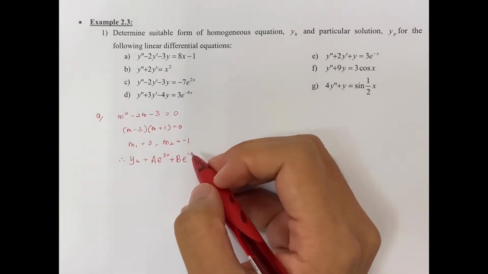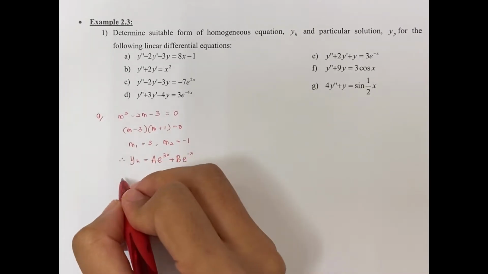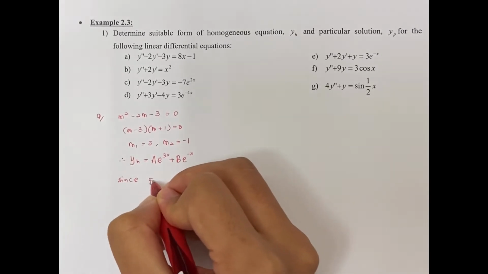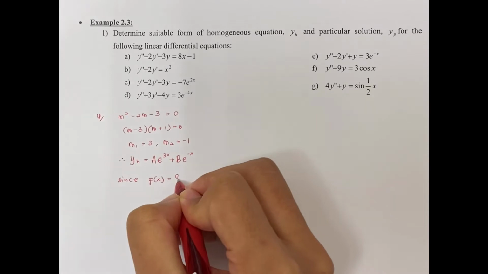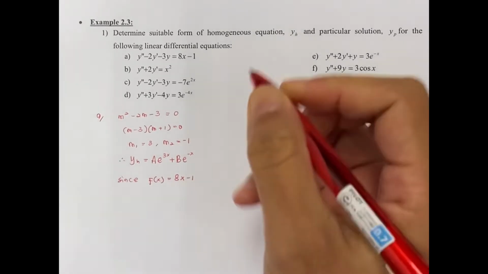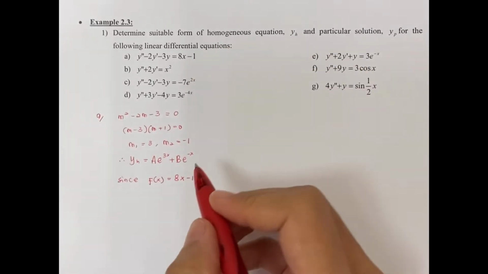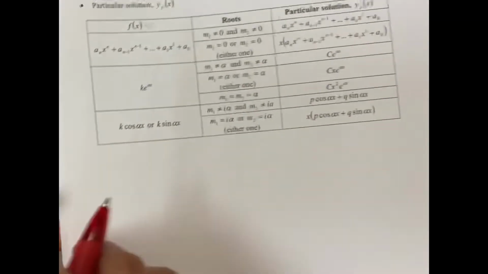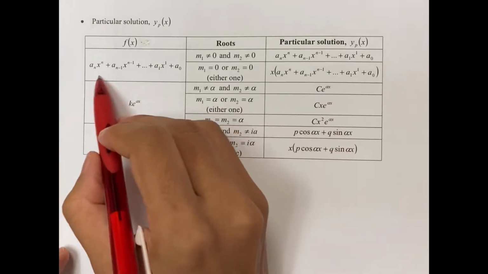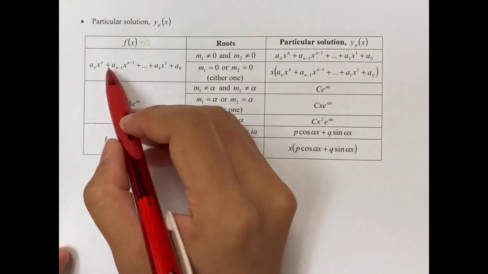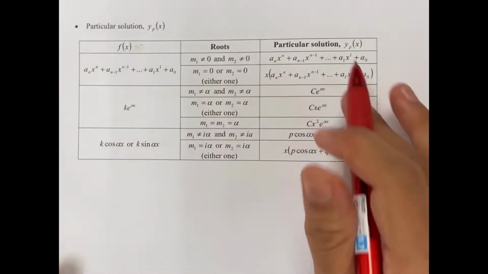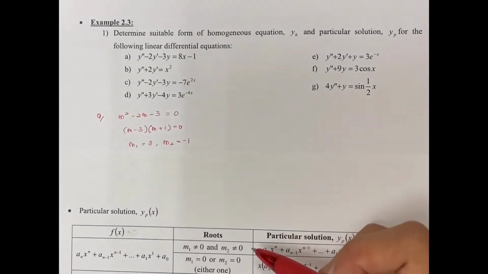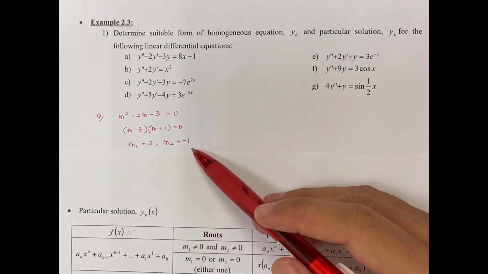And then to find YP, consider what your f(x) is. Since our f(x) is equal to 8x minus 1, this is a polynomial. So refer to the first two rows for polynomial. And then, is there any 0 in your roots, M1 or M2? No, right?